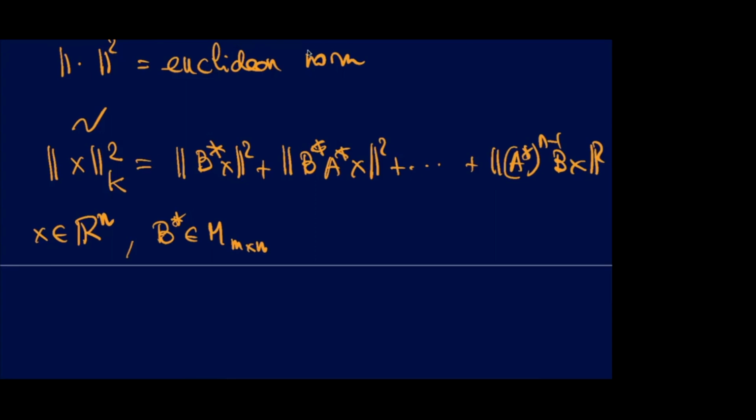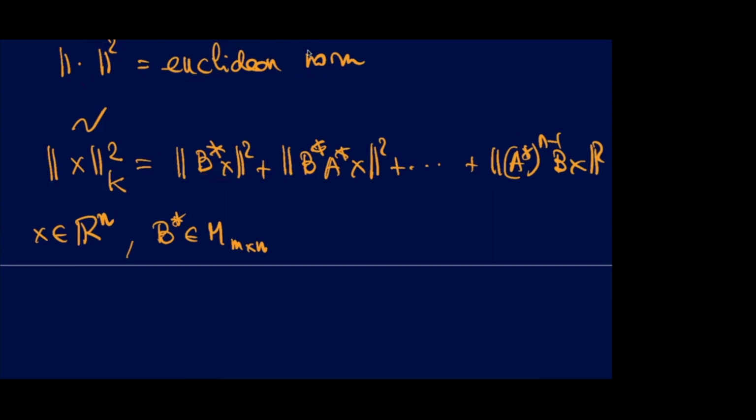Fine. This is my understanding of the Euclidean space. But this has nothing to do with the system (A, B). Yet, the point is that whenever the system is controllable, there is a norm which is completely equivalent to the canonical norm in the Euclidean space, which is very much adapted to the system. And this norm is given by this.